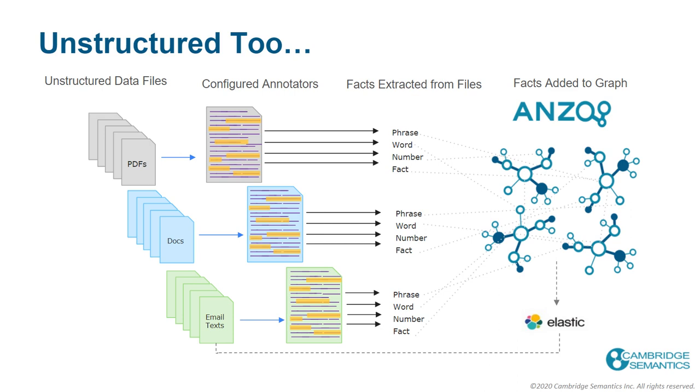And this applies to unstructured too. Again, kind of Anzo specific, but it's not just our product. The idea is that you want to be able to account for unstructured content as well. And in that second stage there, where we're saying configured annotators, it's basically an NLP function.